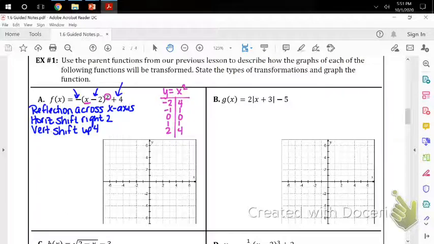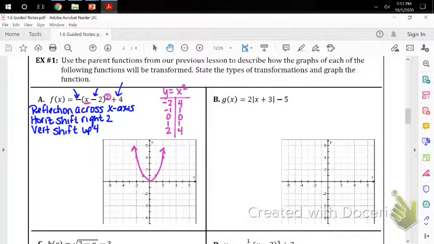Plug it into the equation and find your y values. It didn't tell me to graph the parent function, but I'm going to go ahead and do that so that we can see what is happening to our transformation graph and make sure that we've got it down correctly. All right, so here is my parent function.